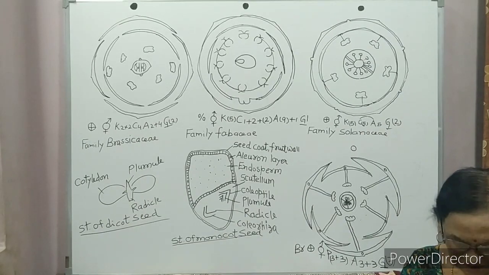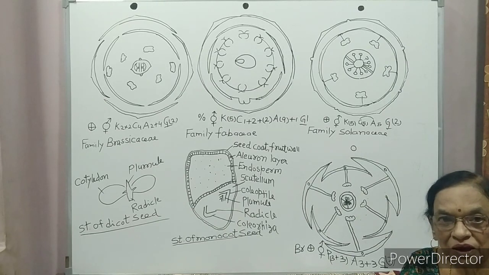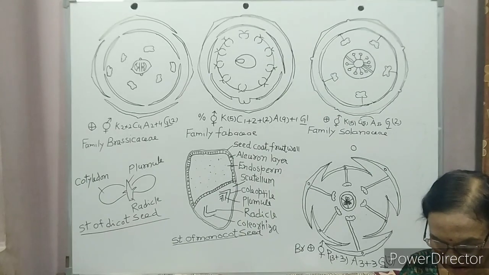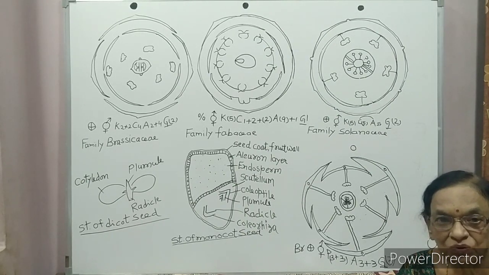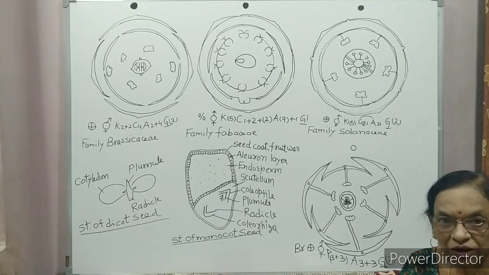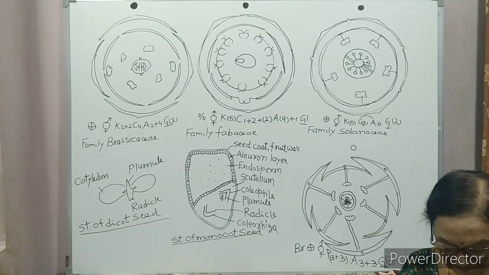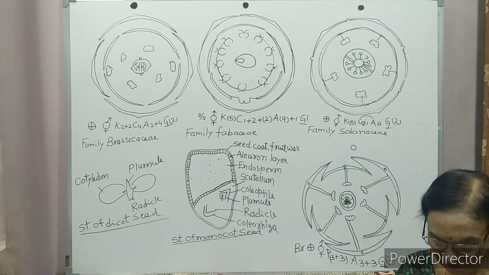Economic importance. Many plants belonging to this family are the sources of pulses like gram, arhar, arhar means tuar dal, moong, soya bean. So these pulses belong to this family. Edible oil, soya bean oil, groundnut oil.